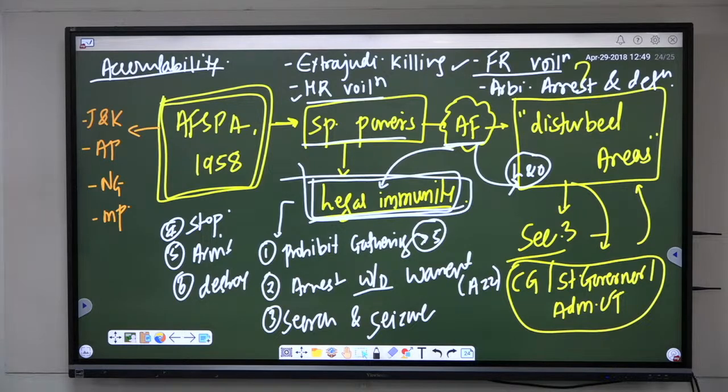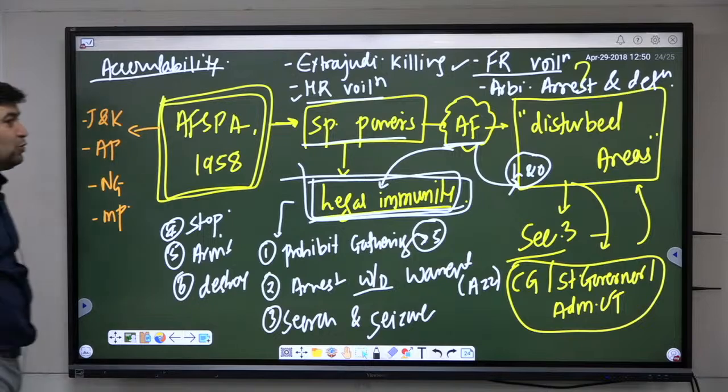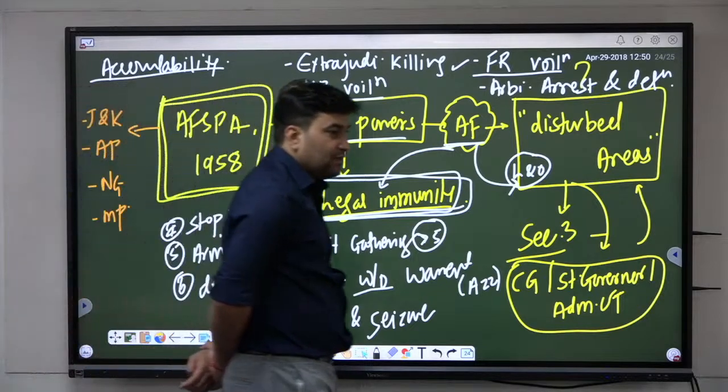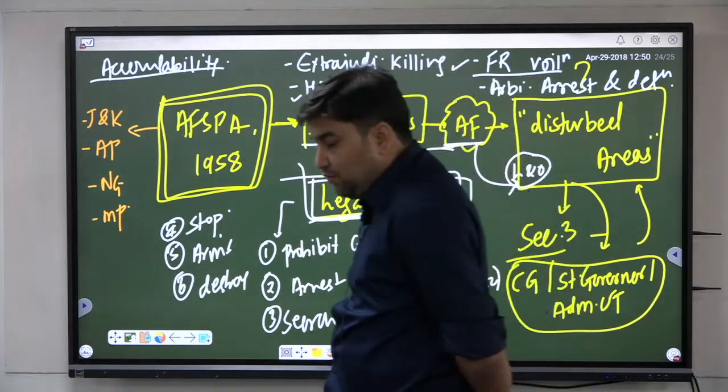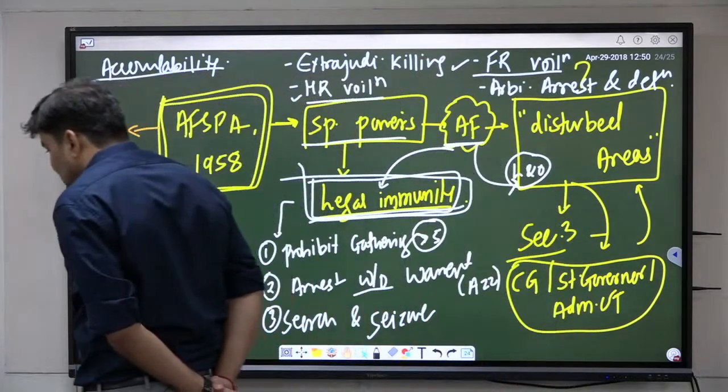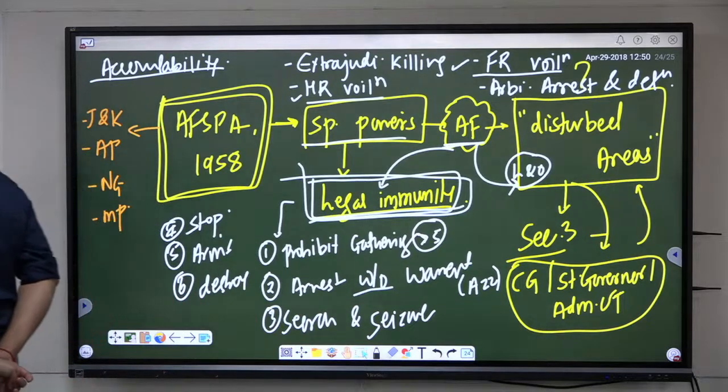Next point, as per a PIL in the Supreme Court, there were 1528 extrajudicial killings from 2000 to 2012.